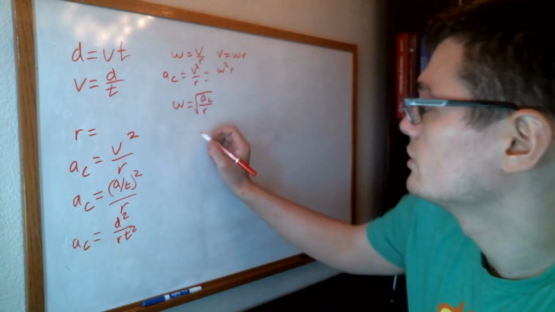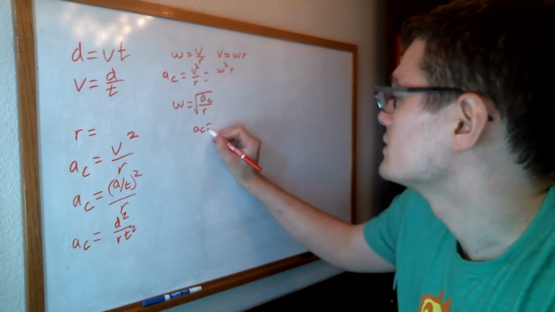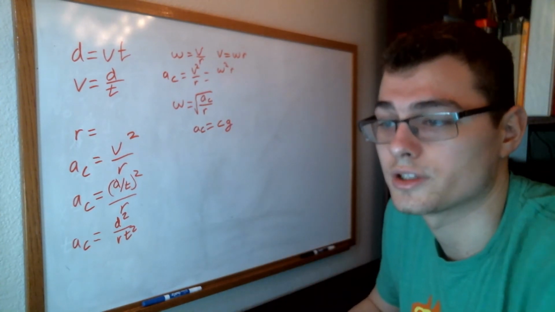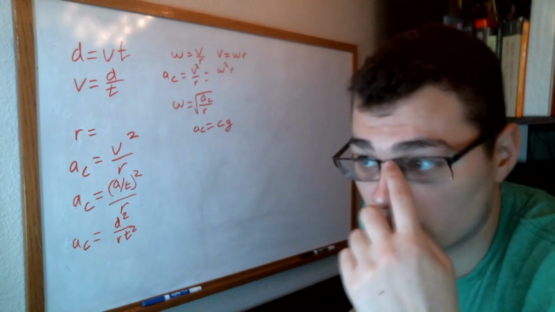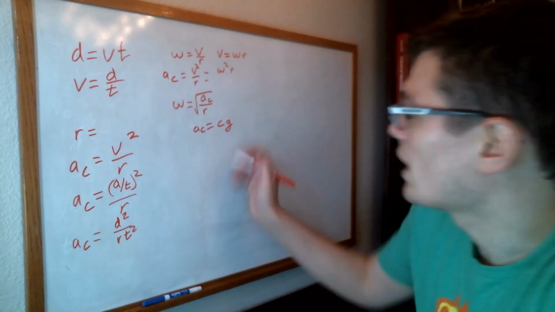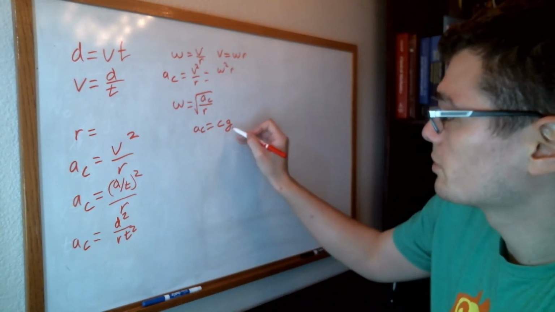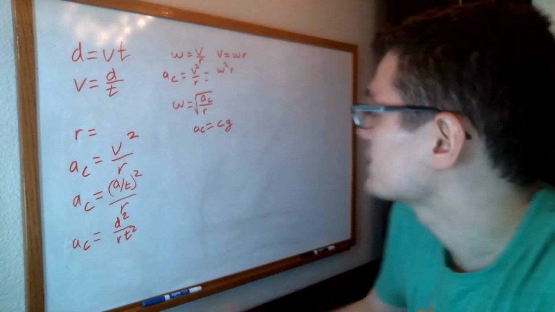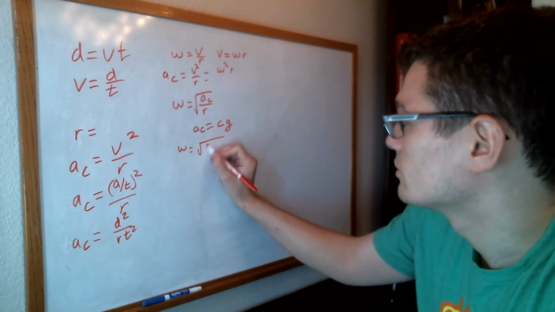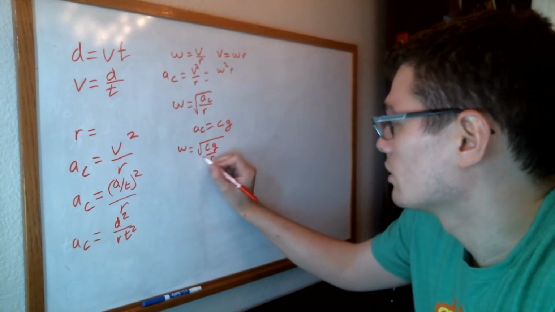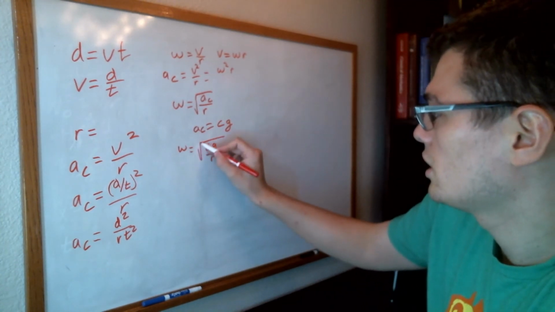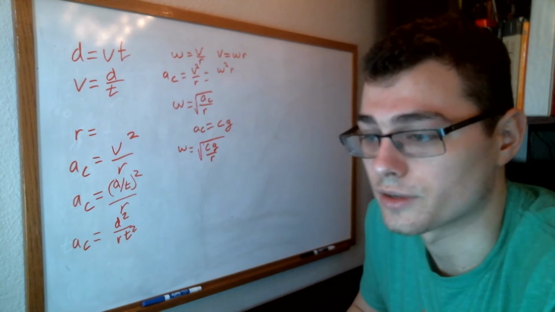So we say that AC is equal to some constant times g. However many times you want this centripetal acceleration to be more than gravity, that's how much you plug in. So omega is equal to the square root of Cg over R, where C is the coefficient you want if you use some number that relates to gravity.